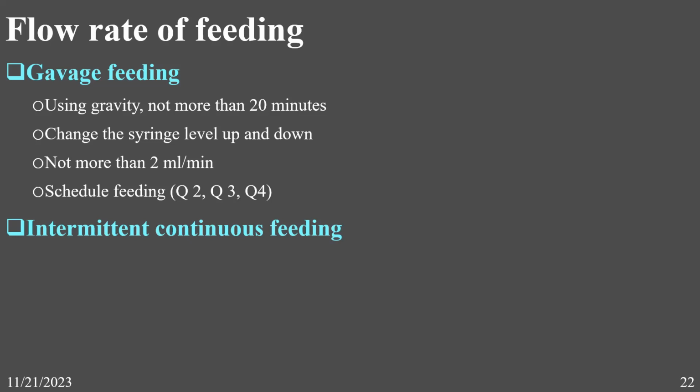That's the reason why we use gavage, because in gavage, gravity cannot force milk into a stomach that's not distendable, while an infusion pump will. Most of the time we use gavage, or sometimes we use an infusion pump. So that is called bolus feed.